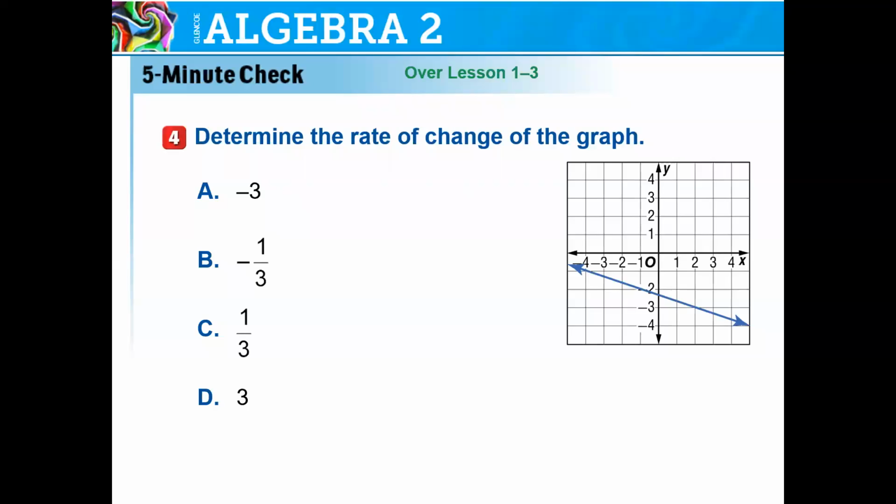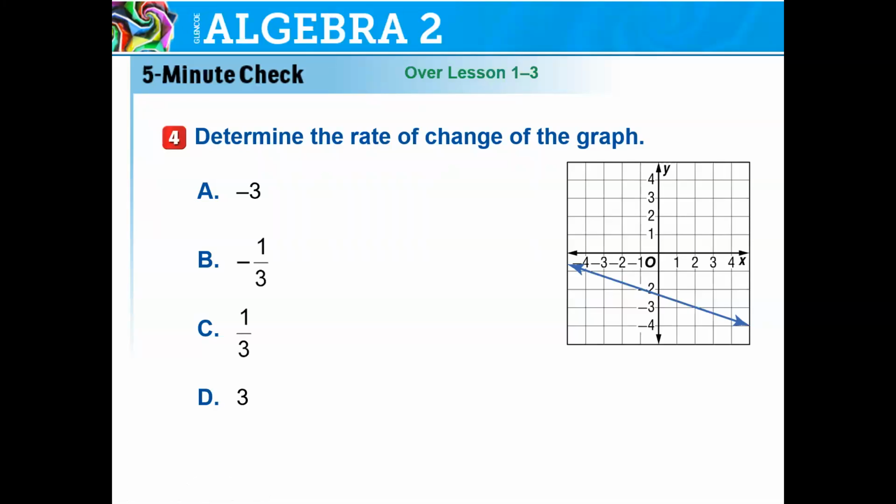First thing I want to do is eliminate some of my multiple choice answers. You can see I have -3, -1/3, 1/3, and 3. Are there certain choices that I can eliminate already just from looking at my graph? Yes.